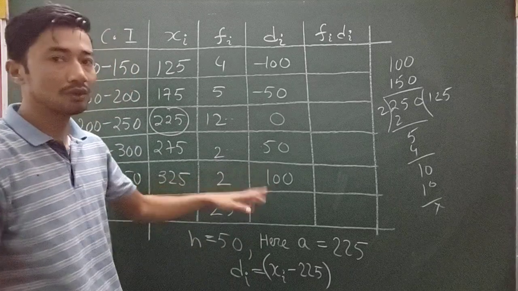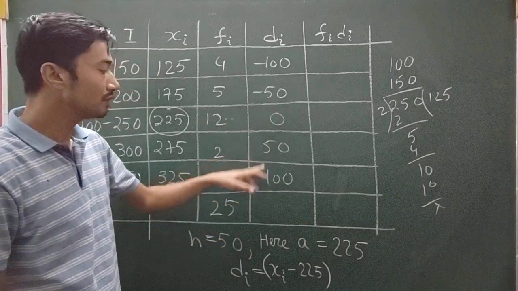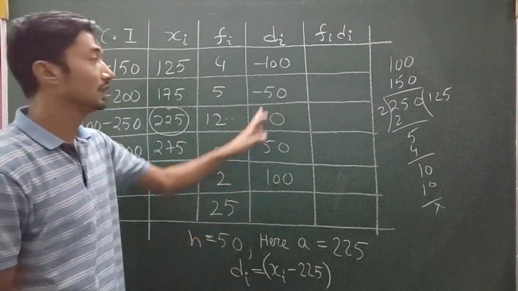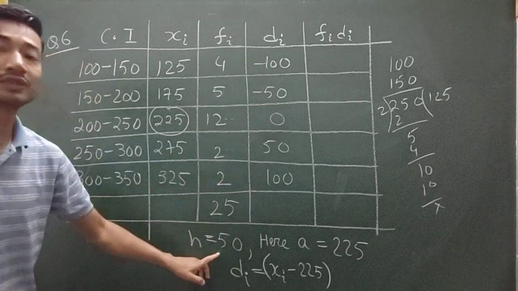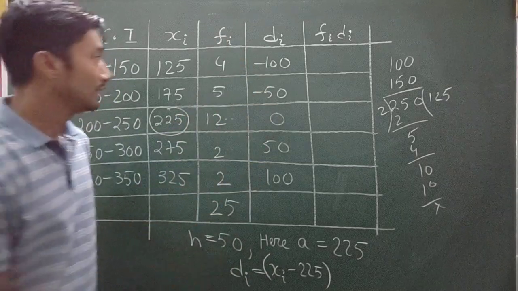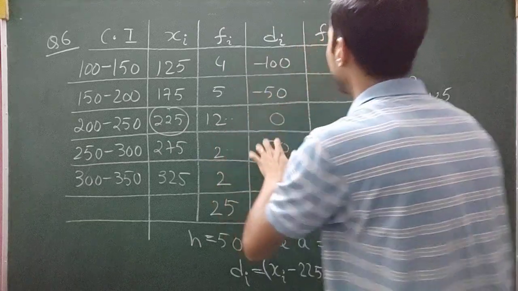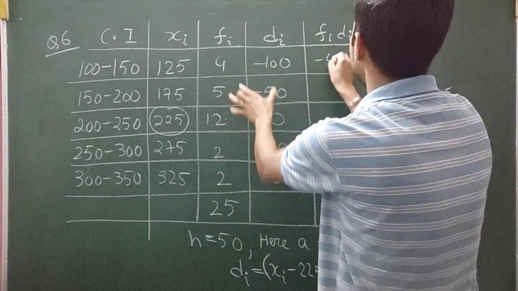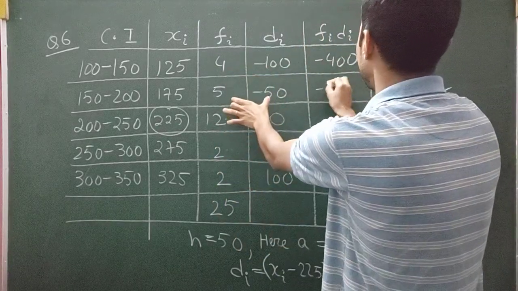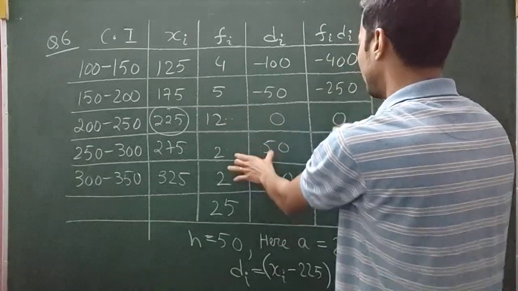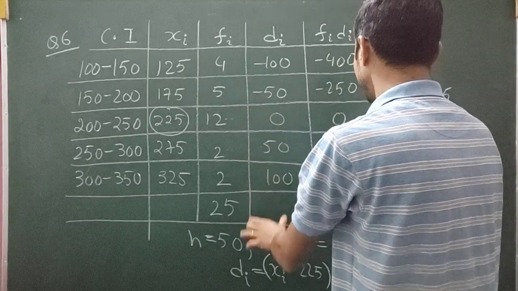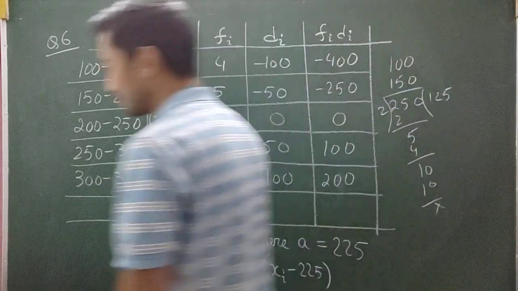Likewise we can go on if there are more values: 50, 100, 150, 200, 250. Why? Because the class width is 50 here. Then, next, multiply f into d. So that's minus 400, minus 250, 0, 100, 200.